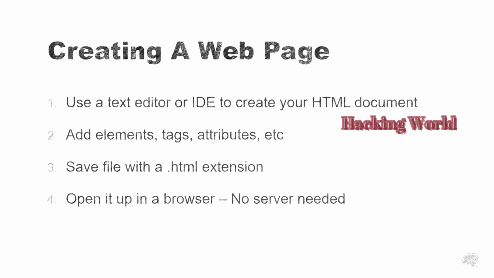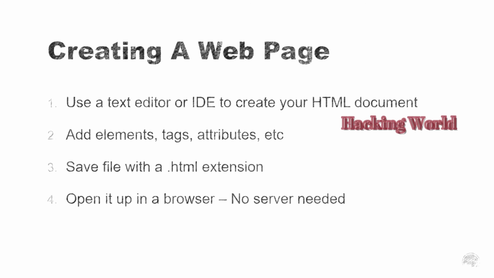So creating a simple HTML web page is very, very simple. We need to use a text editor or an IDE to create our HTML document. So you could use Notepad for Windows or TextMate for Mac, or something more advanced. There's NetBeans, there's Adobe Dreamweaver. There's all kinds of IDEs and complicated software you can use, but of course you can just use Notepad, and you can't get much more simple than that.